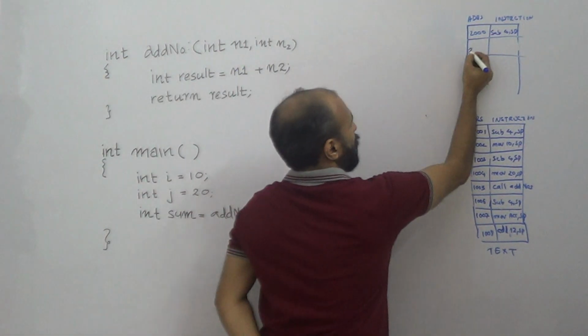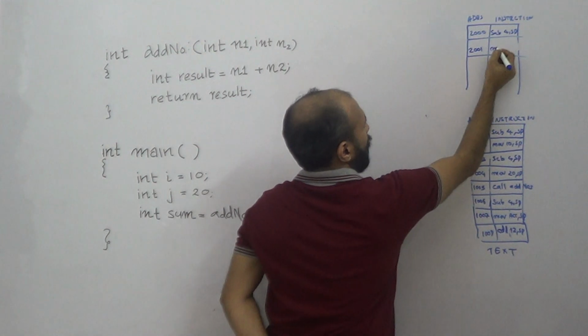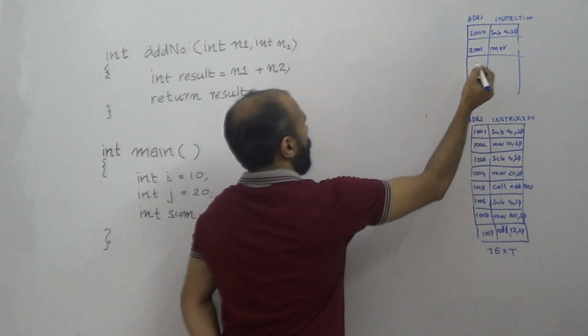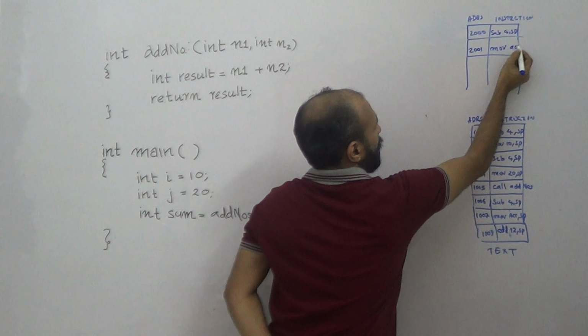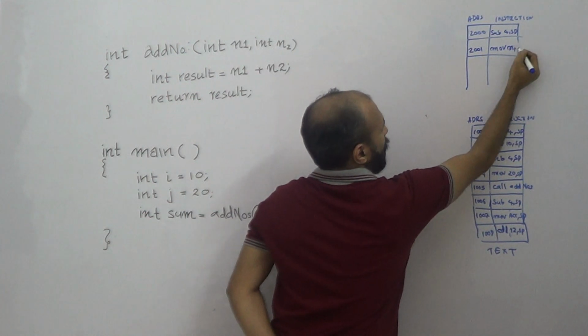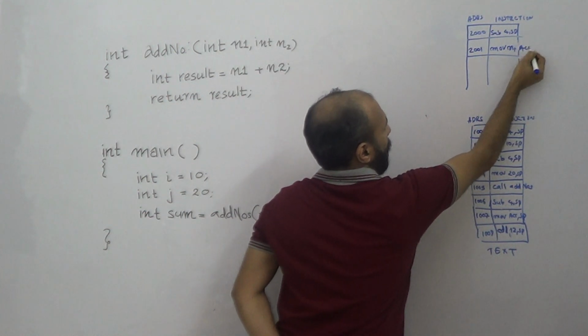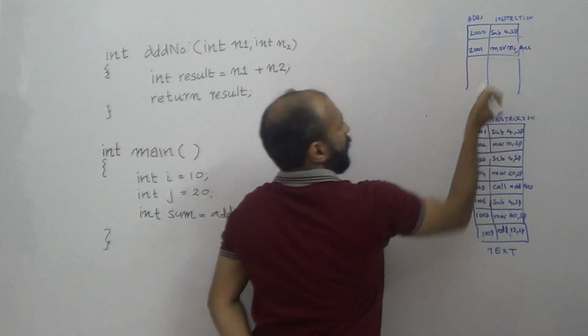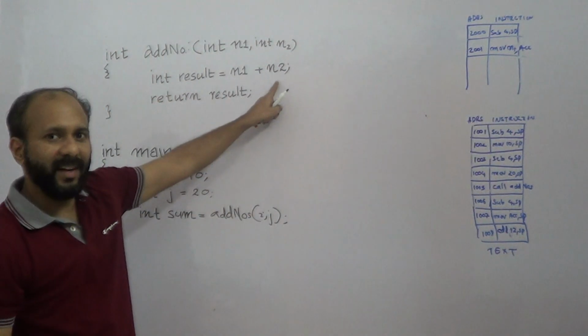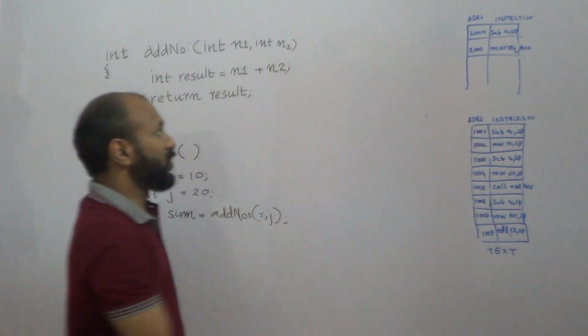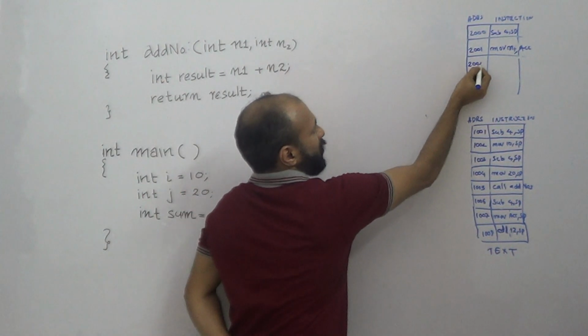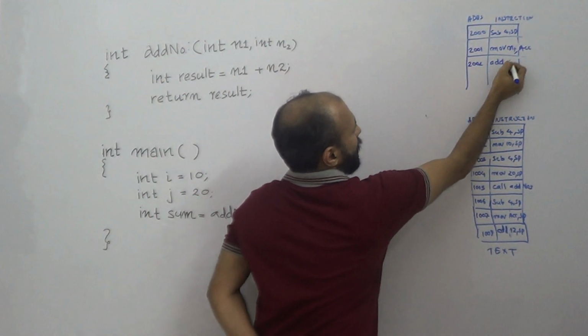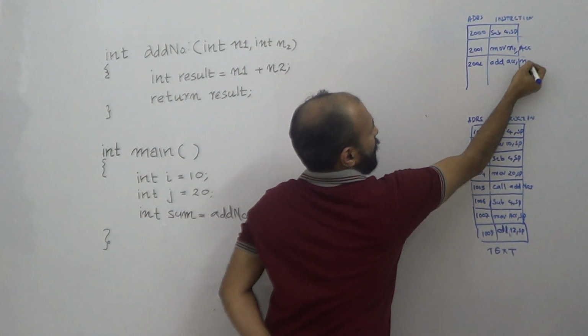Here 2001, move N1 to accumulator. The next one, add the content of accumulator with N2. 2002, add accumulator to N2.